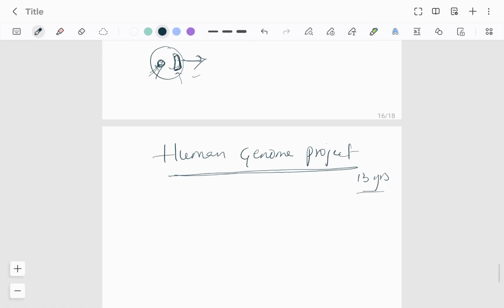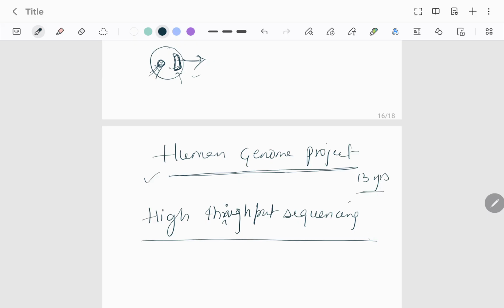The Human Genome Project was not an easy task, but these days you can sequence DNA or RNA in a very short time, and that is possible because of high throughput technology, in which we do high throughput sequencing. Multiple genetic strands can be studied, and the sequence of nucleotides can be studied at the same time because of robotics and AI.